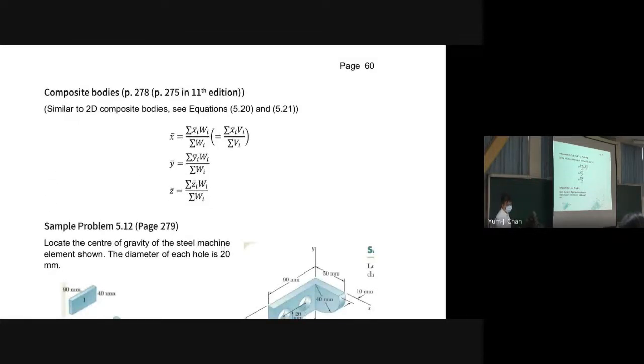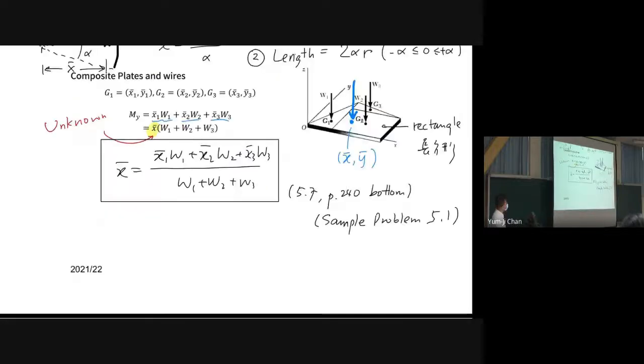Now, for composite bodies, what are composite bodies? Let's have a look at this. Notes, page 54. Composite bodies are like this. If we have a shape which is quite complex, it can be taken as the addition or subtraction of simple shapes.